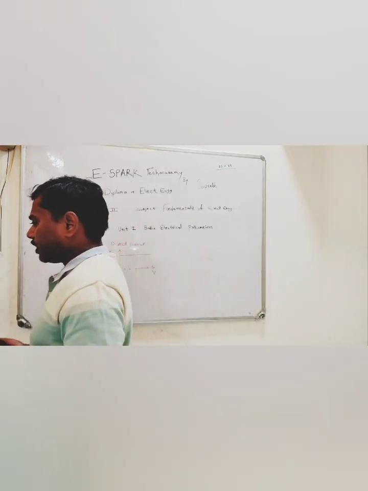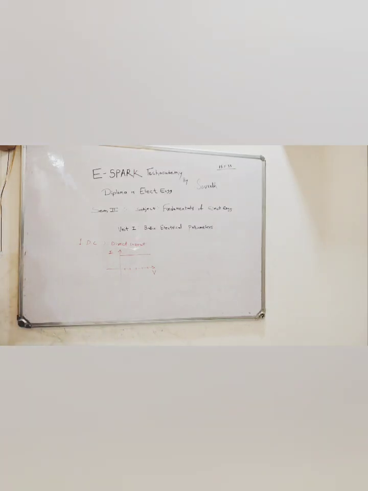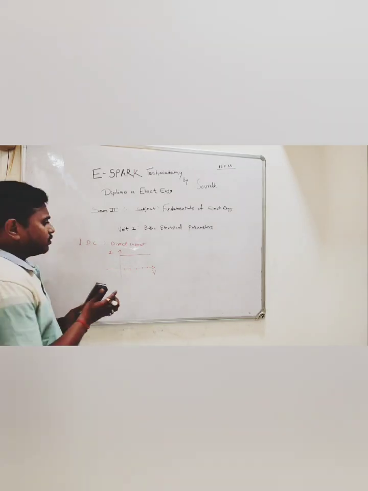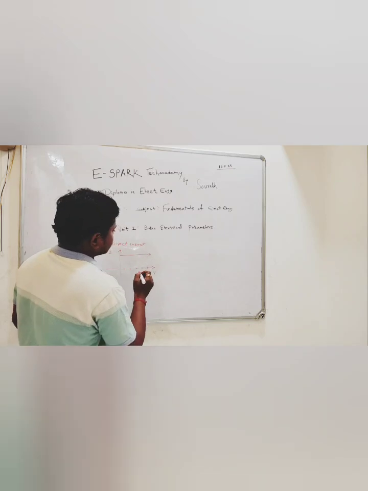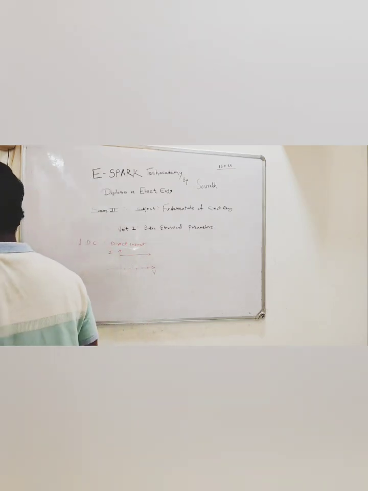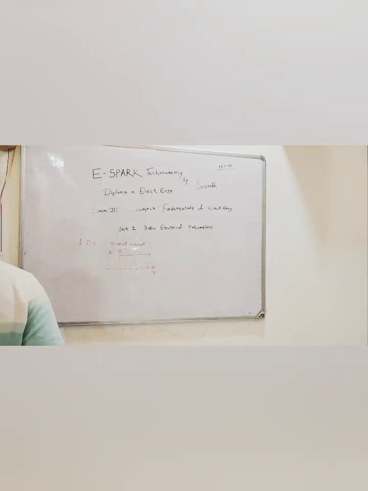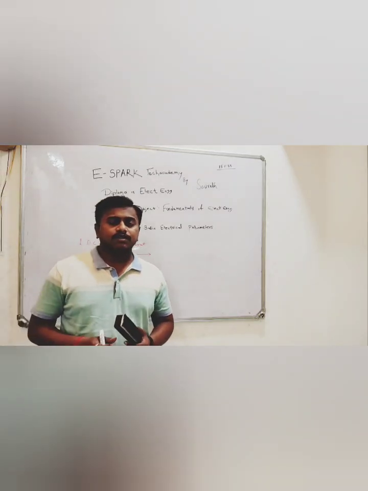So we can say current flows only in one direction, because you are seeing it in only one direction. Now we will go to our second point, which is alternating current.